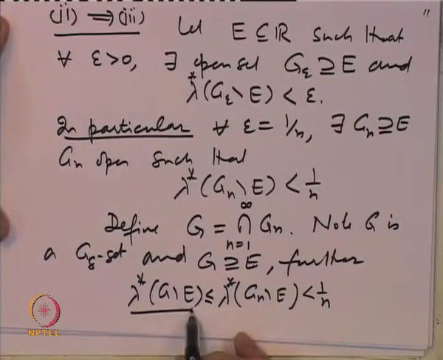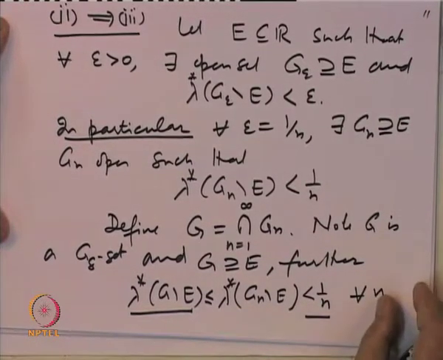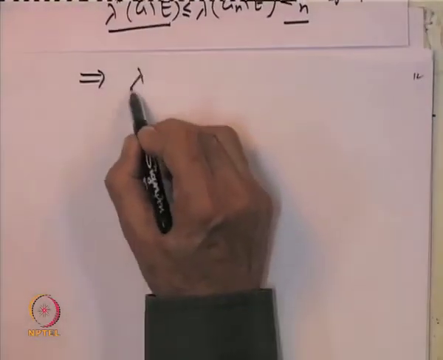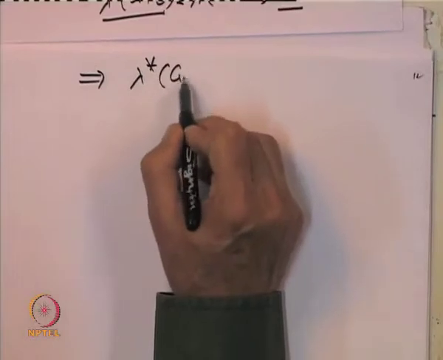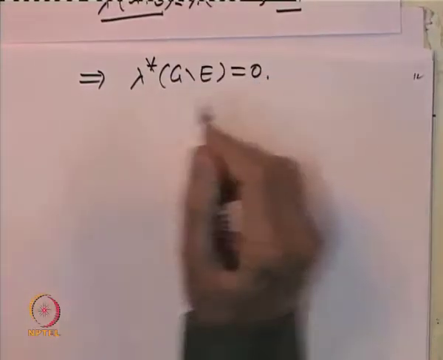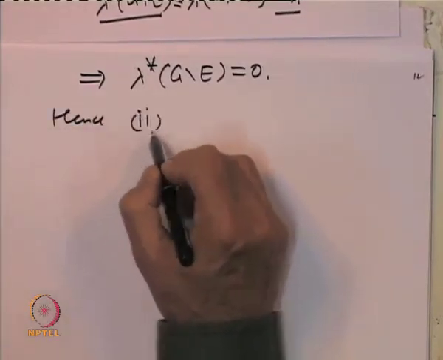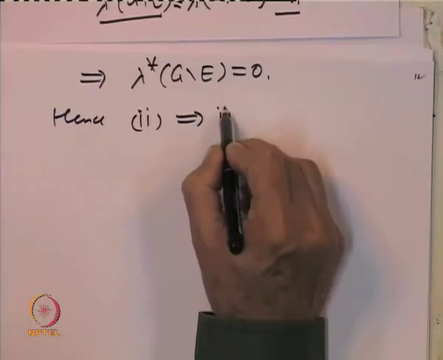So, lambda star of G minus E is less than 1 by n for every n. So, that implies the fact that lambda star of G minus E is equal to 0. So, hence we have shown 2 implies 3.